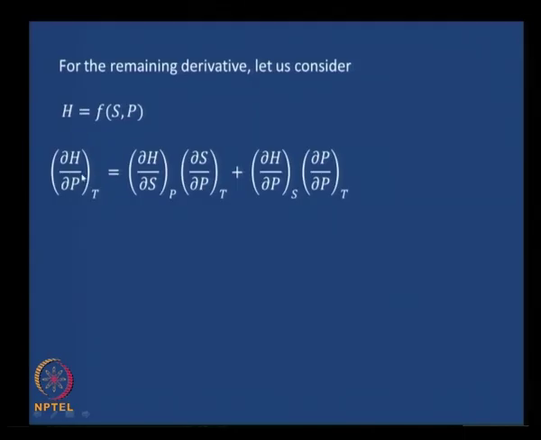Now, if you take the partial of that with respect to P at constant temperature, ∂H/∂P at constant T, this is the quantity that we need, it is ∂H/∂S at constant P, which is the first term that came from the previous total differential, and of course ∂S/∂P at constant T, plus ∂H/∂P at constant S, and here dP would be there. You take the partial derivative with respect to P at constant T. Very easy to see that this goes to 1.